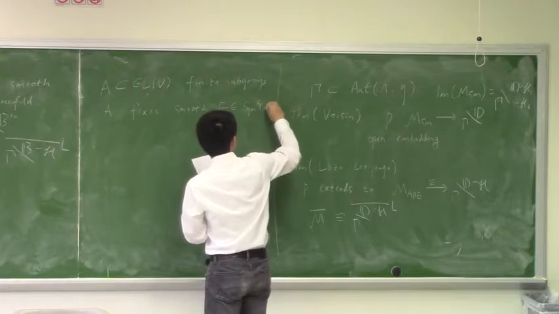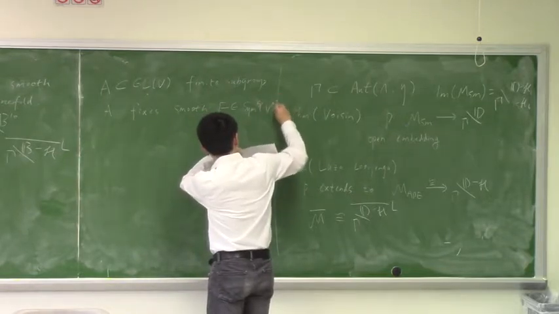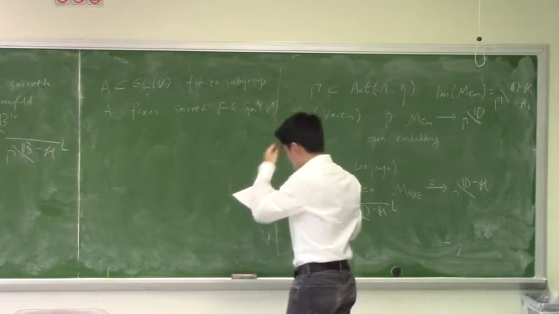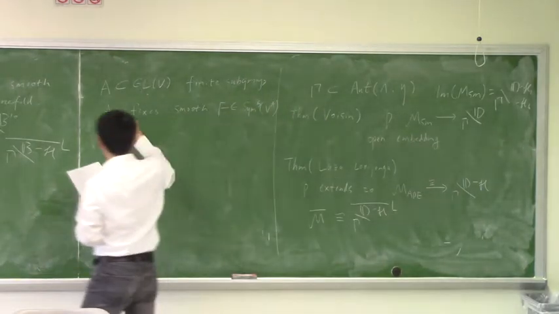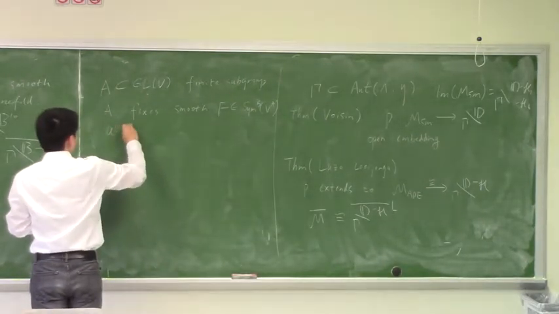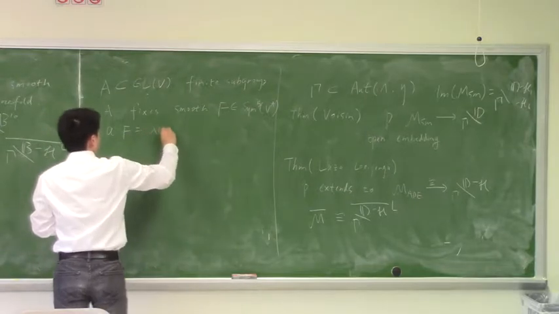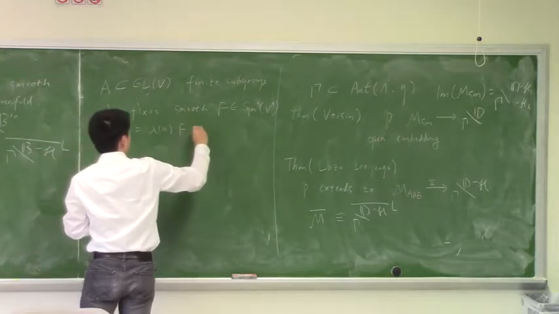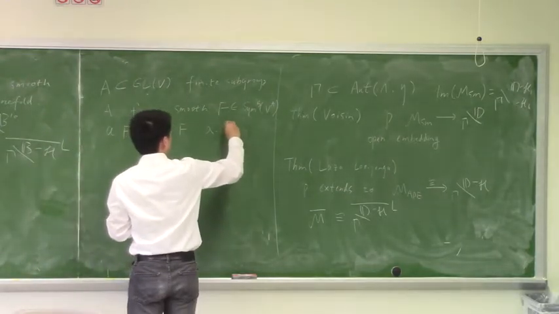With three forms. So when you fix this, then we know A acts on F by some character, lambda is some character.